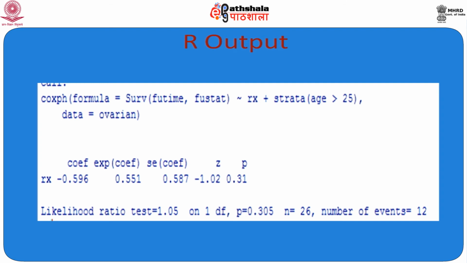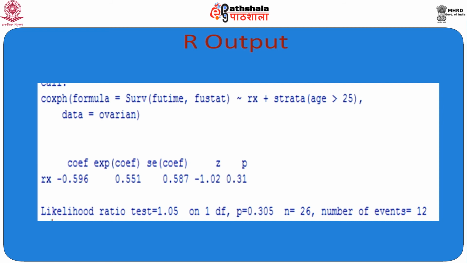The likelihood ratio test has a value of 1.05 with significance p value 0.305. The number of events observed is 12, with total observations 26.